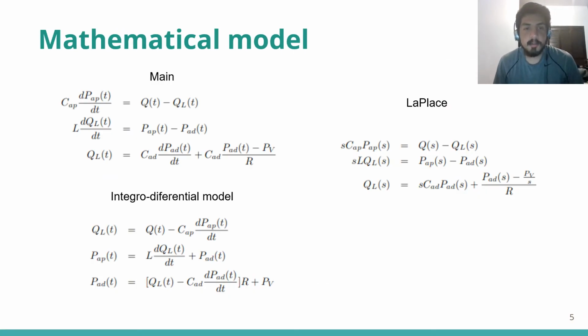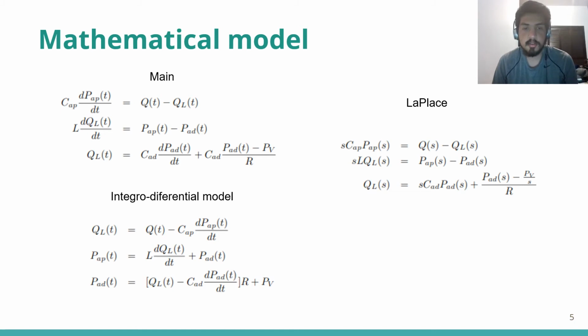For the mathematical model, we take the circuit, and with the nodes of the circuit, we're going to obtain the main equations. With these equations, we're going to obtain the currents.